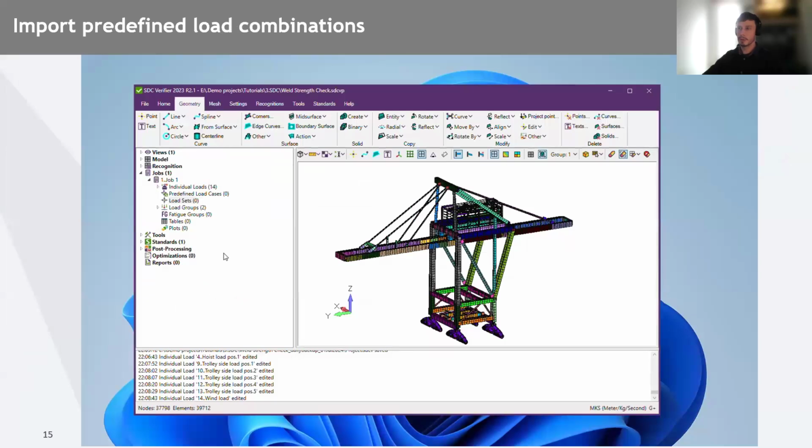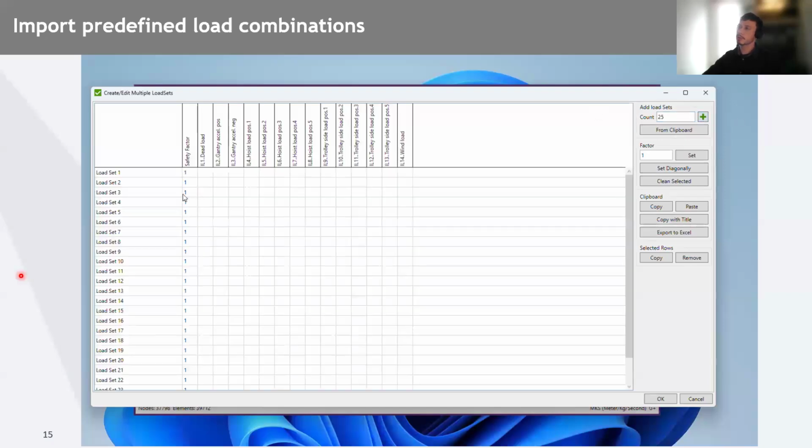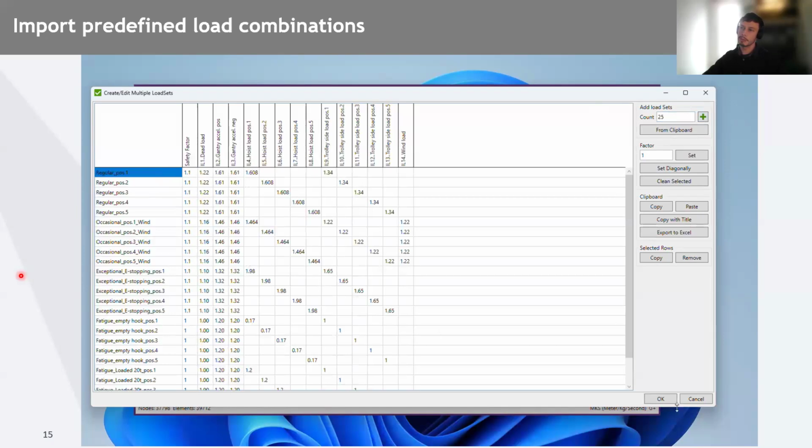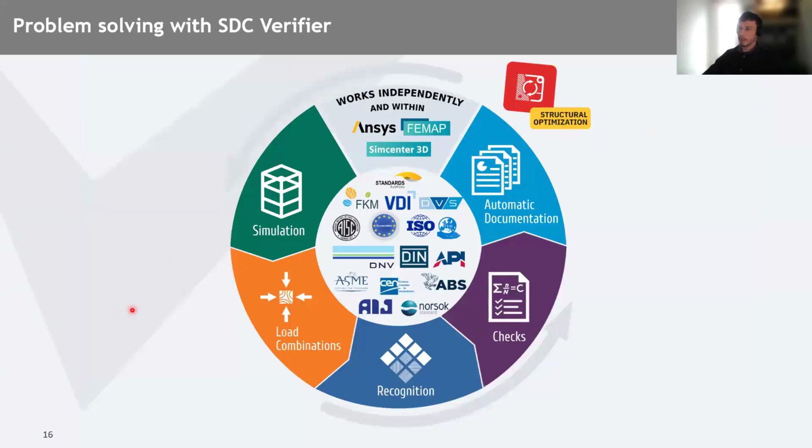I've got a short video showing how you can quickly paste your combinations, for example, ones you created in your Excel sheet: simply copy, Ctrl+C, Ctrl+V, and all the combinations are ready to be analyzed, and you can get your outcome to perform the check analysis.